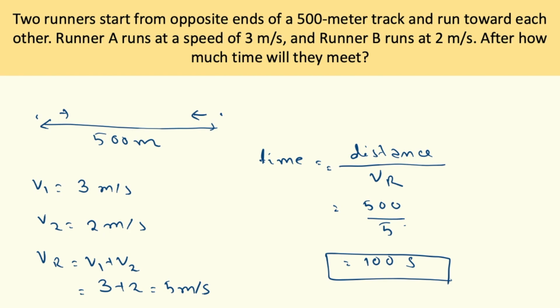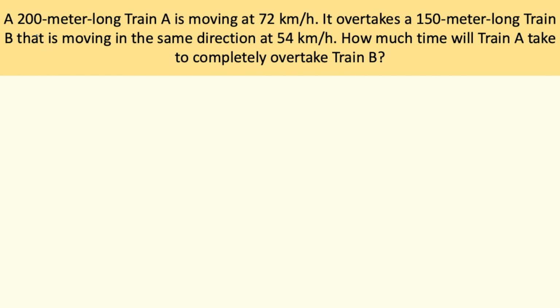Let us see one more problem in this relative speed lecture. A 200-meter train A is moving at 72 km per hour. Okay, so a train which is 200 meters long is moving at 72 kilometers per hour. So here you observe one thing, this unit is in kilometers and this unit is in meters.